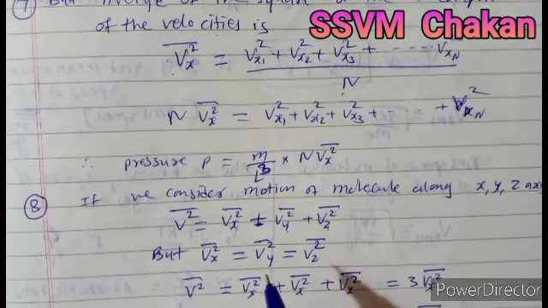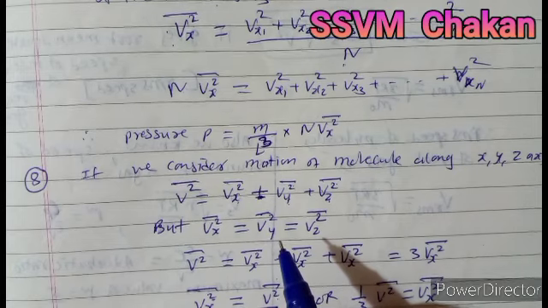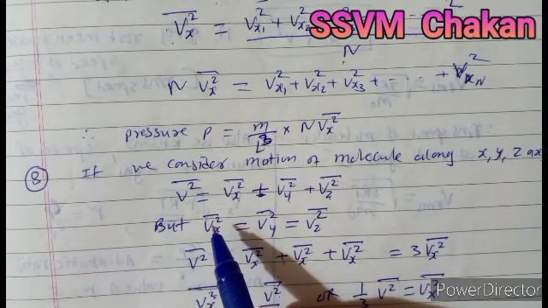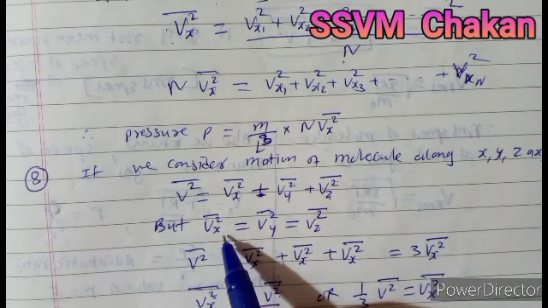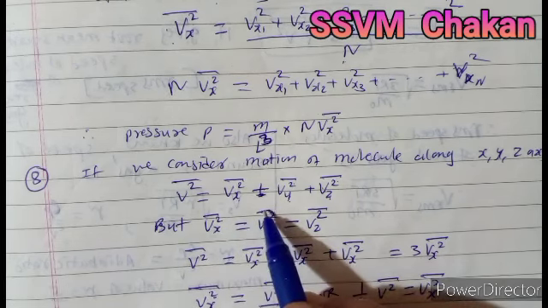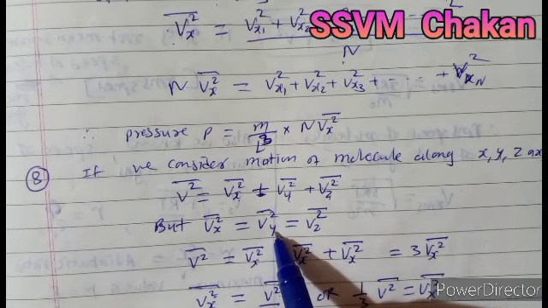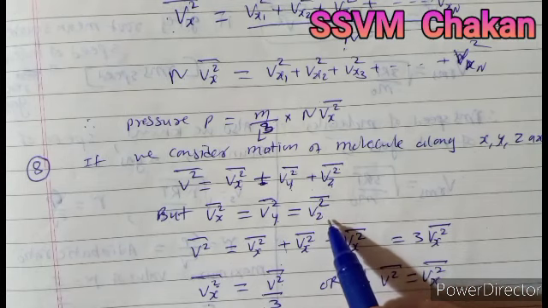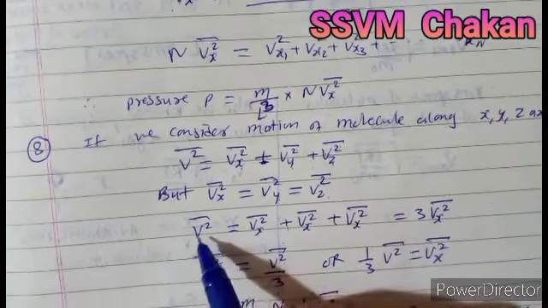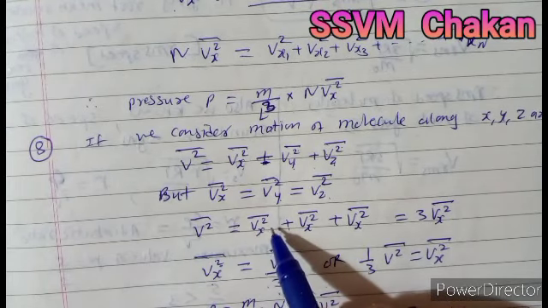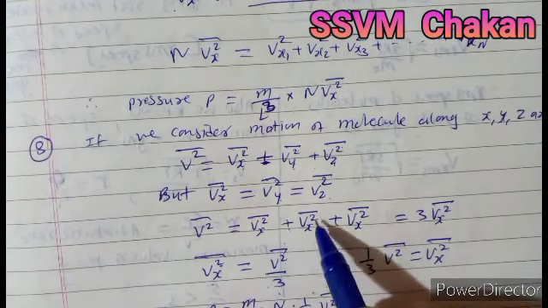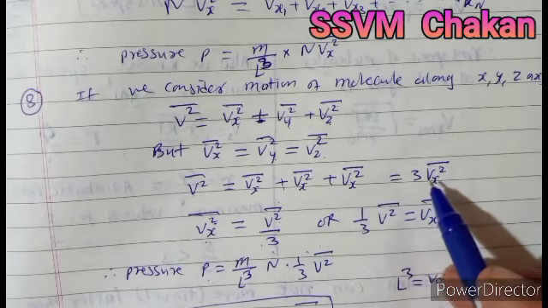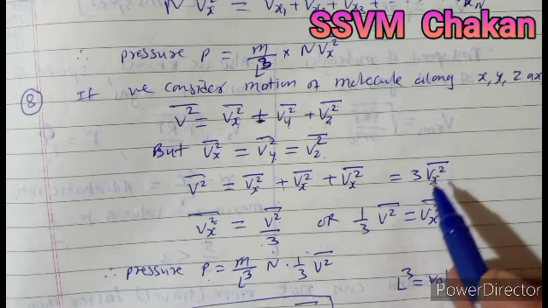But we are considering the shape of the container to be cubical, so the square average velocity along the x-axis is equal to that along the y-axis, which is equal to that along the z-axis. So v square bar is equal to vx square bar plus vx square bar plus vx square bar, which is equal to 3 vx square bar.